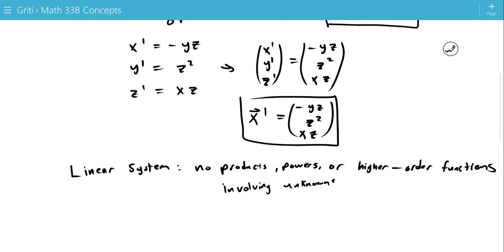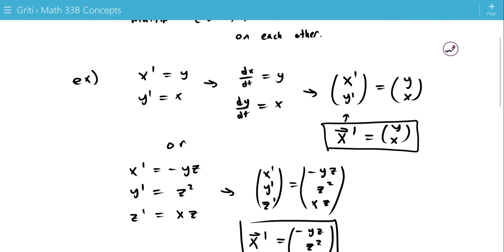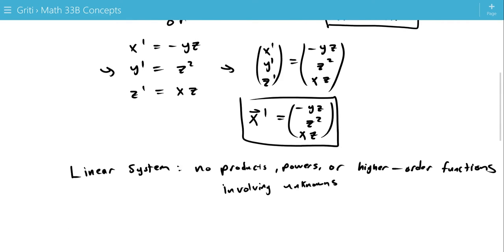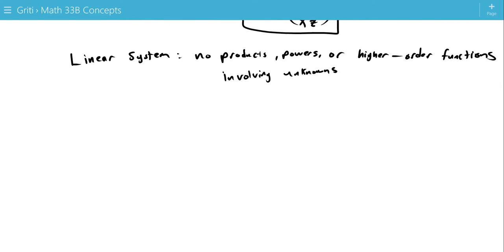In these cases, x, y, and z are unknowns, and time is what we call known. So we'll look at some examples.